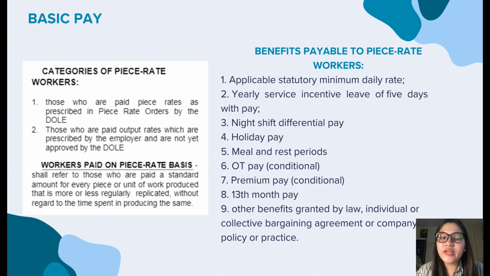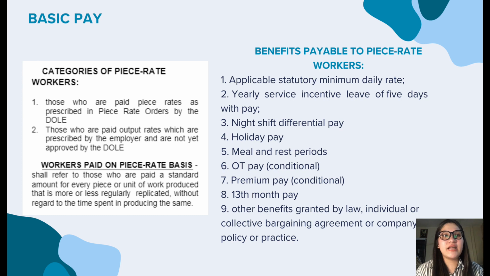Labor law in the Philippines provides regulations to ensure that piece rate workers receive fair compensation and are protected from exploitation. There are two categories of piece rate workers. Firstly, those who are paid piece rates as prescribed in piece rate orders by the DOLE. Second, those who are paid output rates which are prescribed by the employer and are not yet approved by the DOLE.